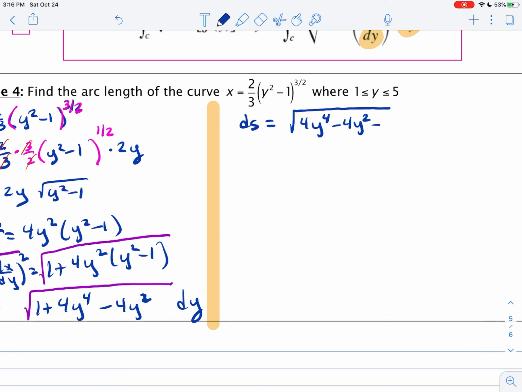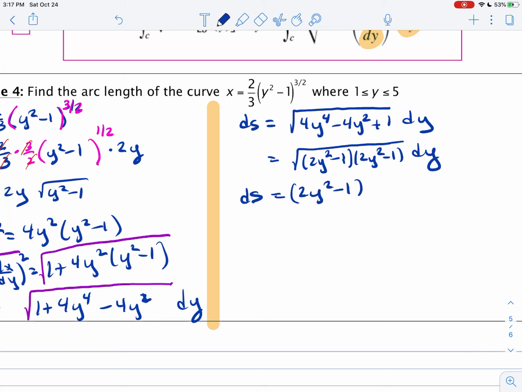And I have a 4y to the 4th minus a 4y squared plus 1 dy, and I can see that that is going to be 2y squared minus 1 times 2y squared minus 1 dy, right? First, outers, inners, last. And I end up with, then, since that's a perfect square, my ds here is just going to be 2y squared minus 1 dy.